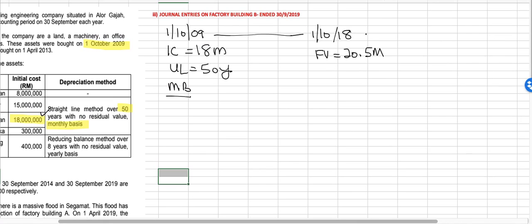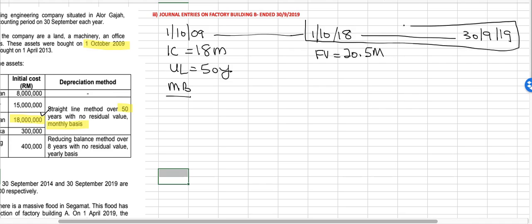You know that our current year ended on 30th September 19. So this is the current year. The question asks you to prepare the journal entry for the year ended 30th September 19.